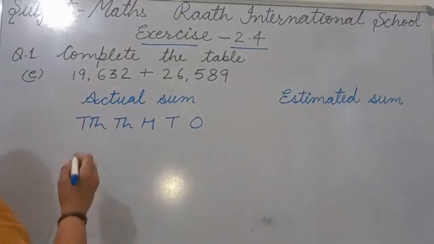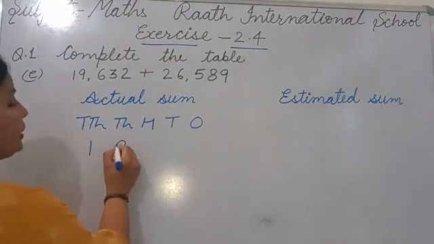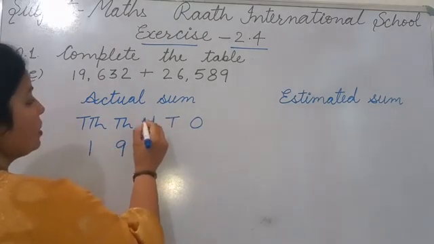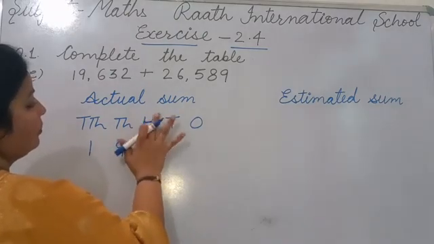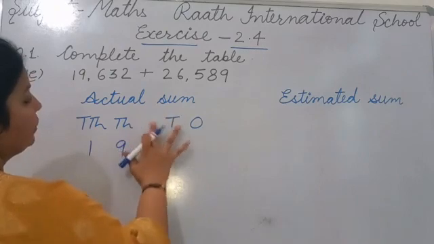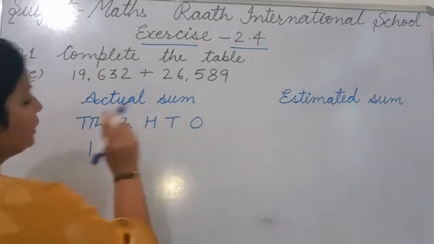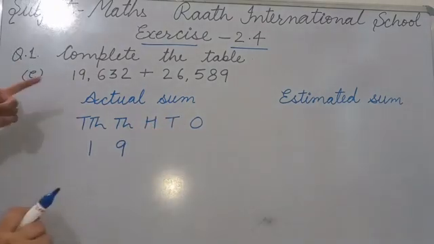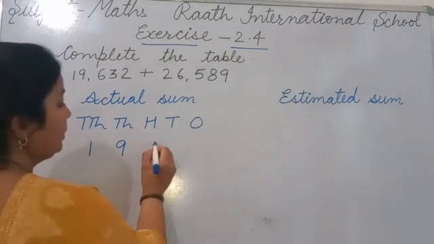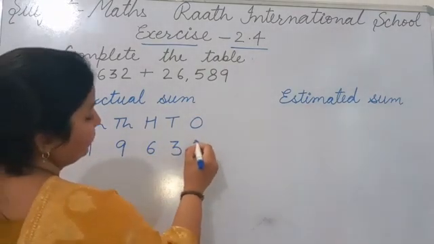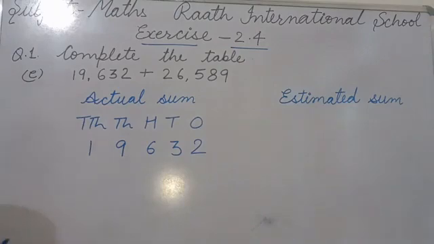Okay. Now there is 19, and 100 again we should write. Okay, it's neat and clean if we write it. Now 19,632. Okay.